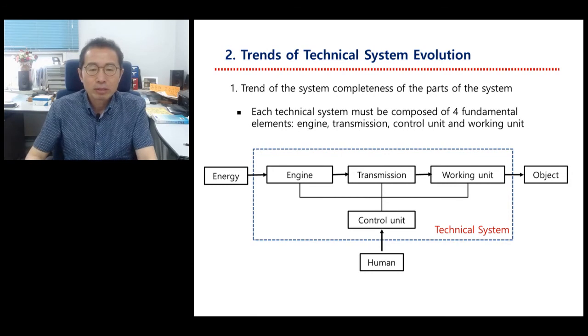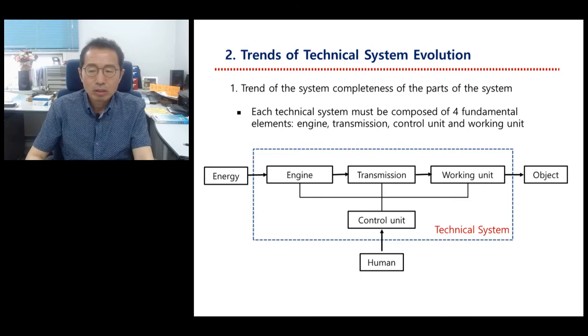The first trend is the system completeness of the parts of the system. The technical system can be divided into 4 parts: engine, transmission, working unit, and control unit.